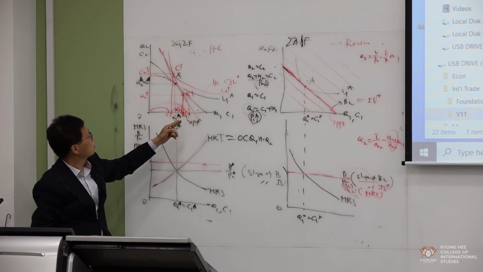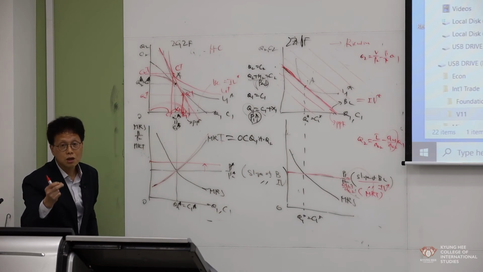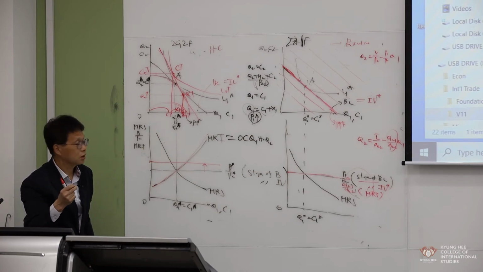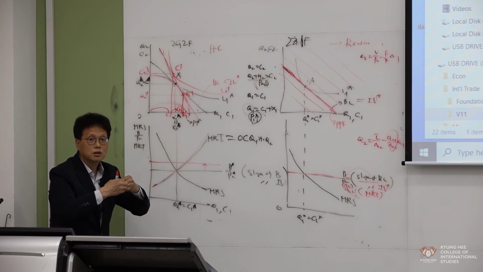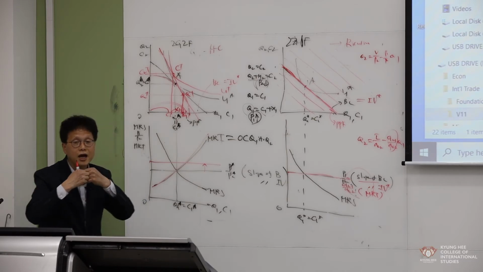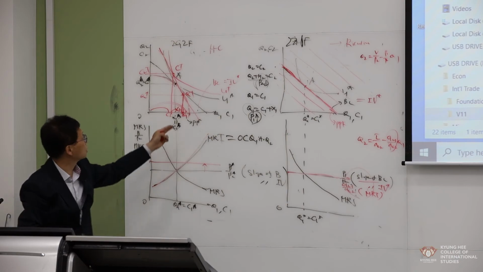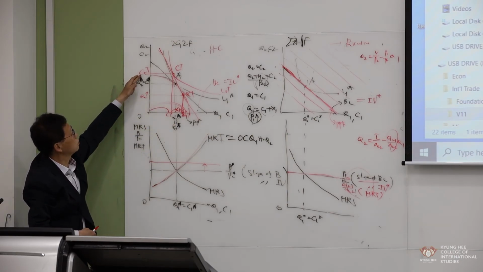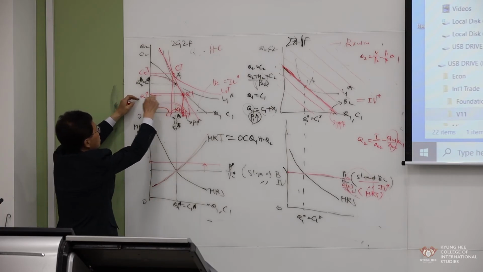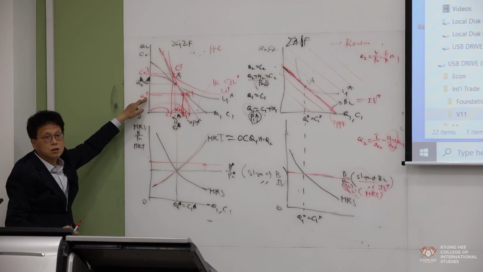So this country has comparative advantage in Q1. So Q1 production increases and Q2 production decreases compared to the autarky general equilibrium point, right? And this country's production is greater than domestic consumption in the manufacturing good. The gap between the two is exported to foreign countries, right? And what happened in the comparative disadvantage sector, Q2? Domestic production of Q2 is smaller compared to the autarky production level of Q2, right?